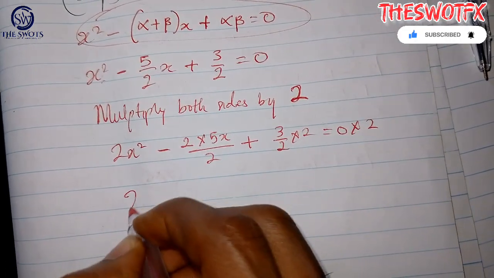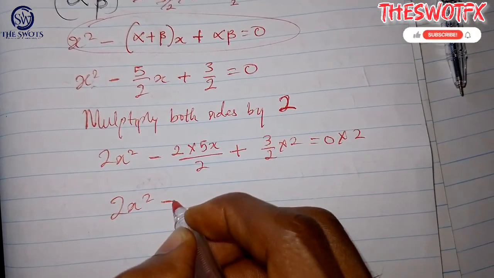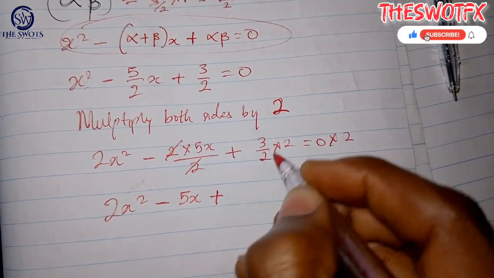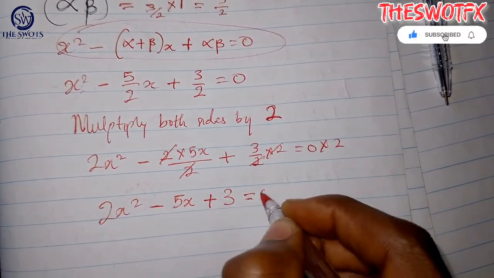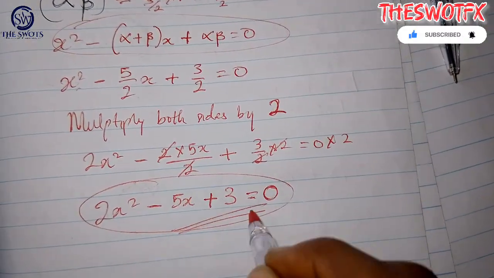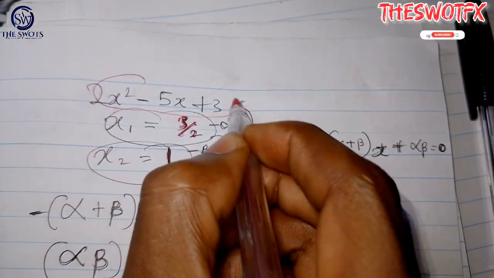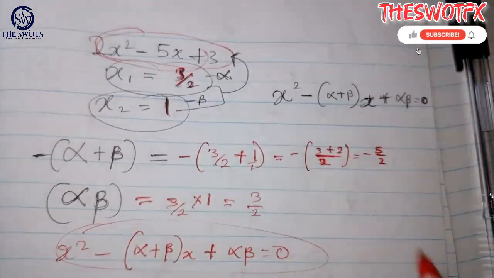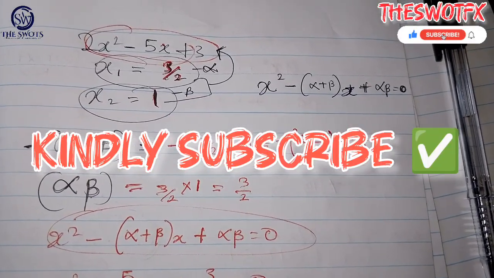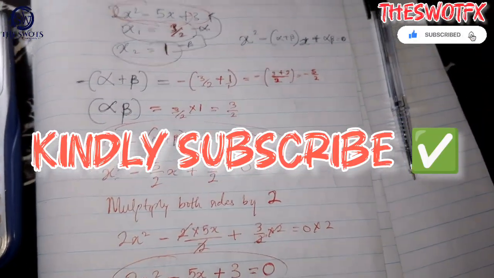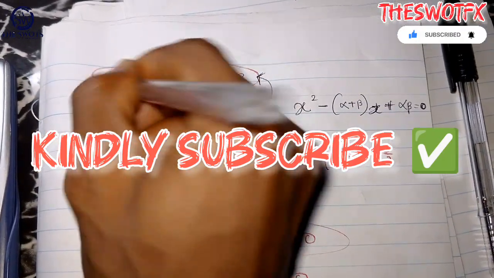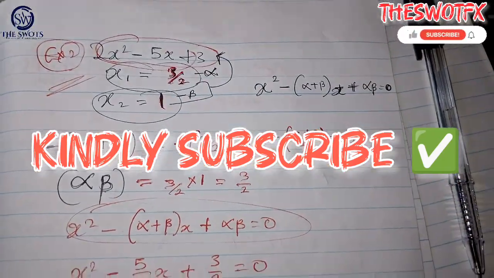So here we'll be having 2x² minus, this cancels this, 5x plus, this cancels this, 3 equals 0. Can you see that this has literally taken us back to our question here? So that is how to find equations when your root is given. This is example 2 here.